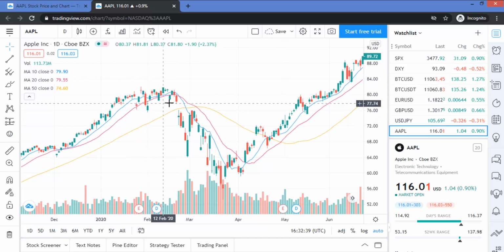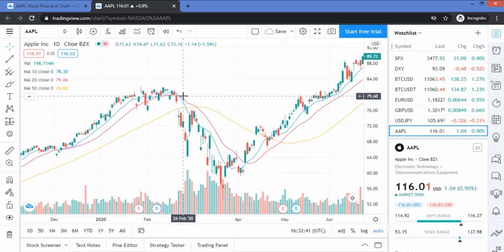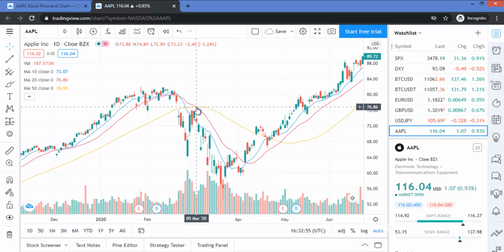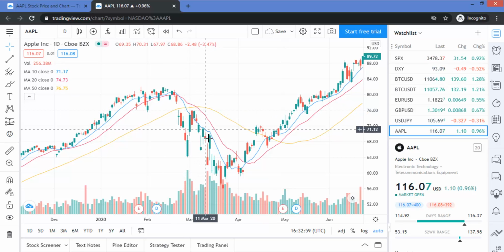And currently, right over here, our 20-day moving average has crossed the 10-day moving average, which says it's going to have a little bit of a downtrend, and this downtrend can be confirmed when our 50-day moving average crosses both the 10-day as well as the 20-day. So we can confirm that this trend is going downwards now.